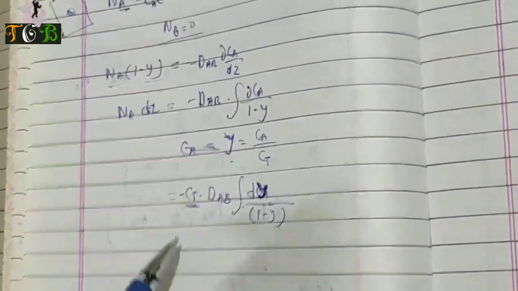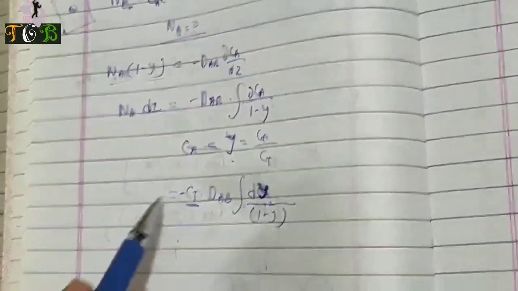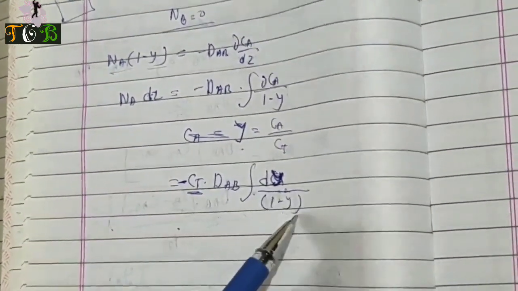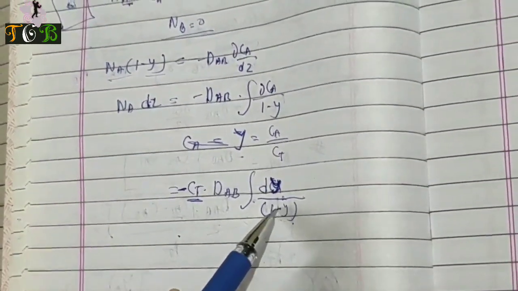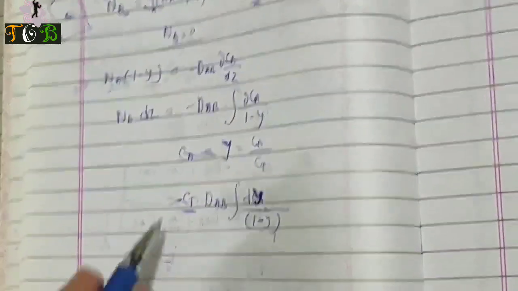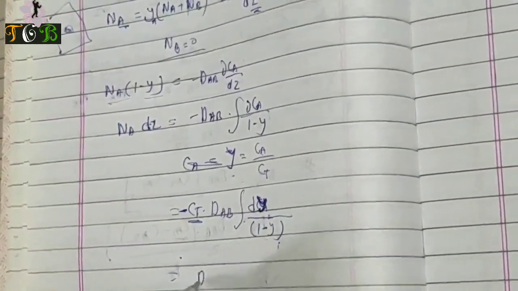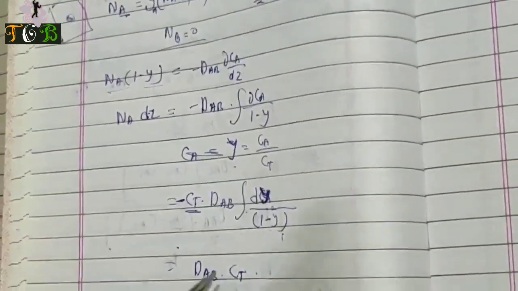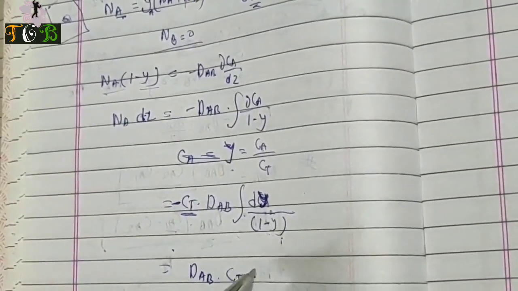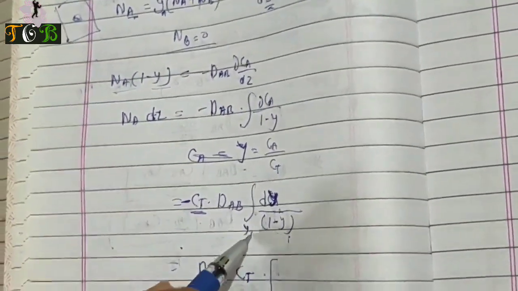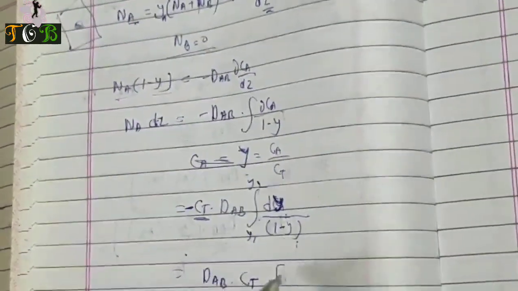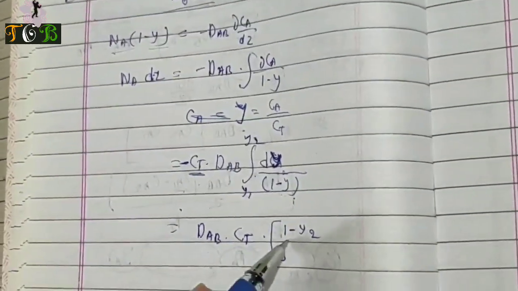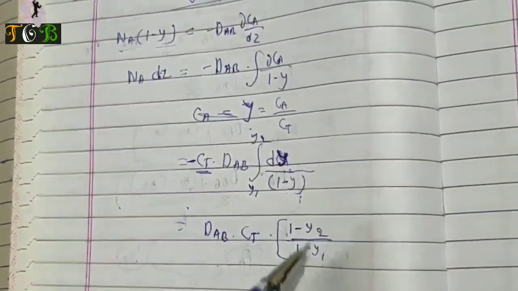Now just integrate this, and remember there is a negative sign, and one negative sign will come from the integration, because the y is in minus. So it will cut down, and you will end up with Dab into total concentration into, with limits from y1 to y2, it will be 1 minus y2 upon 1 minus y1.